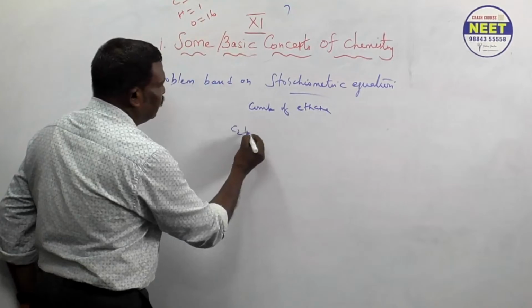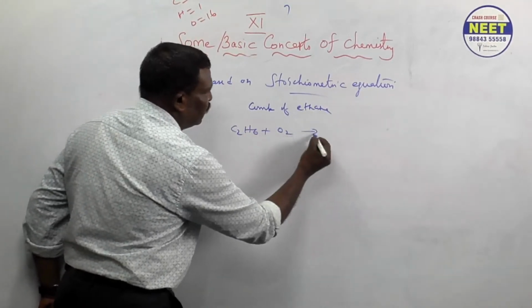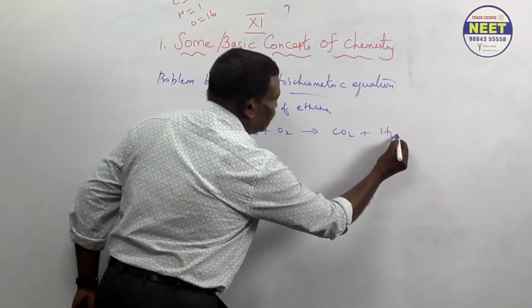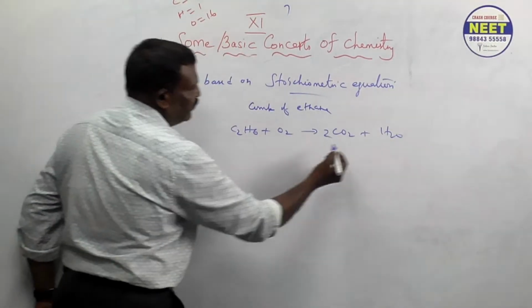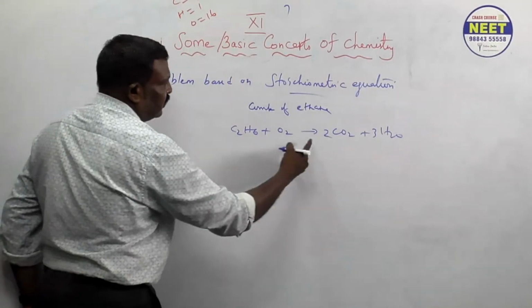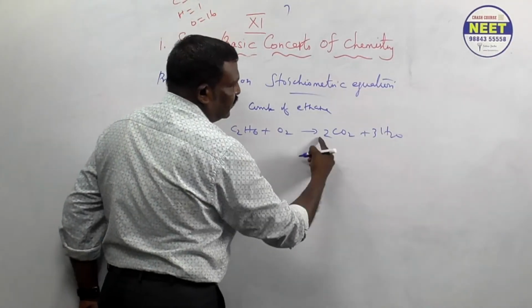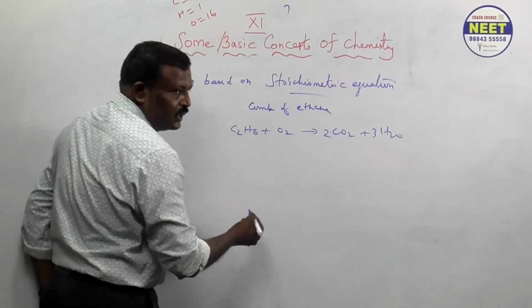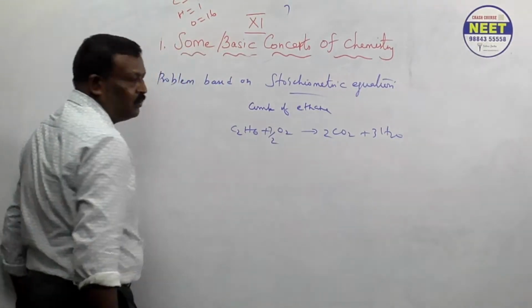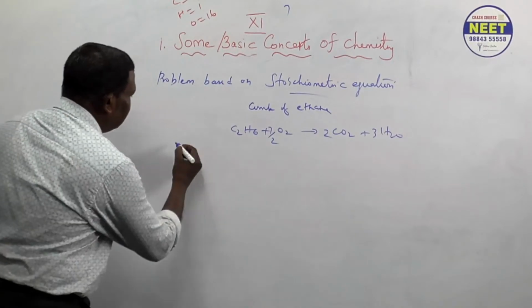Ethane formula C2H6 plus O2 gives always CO2 plus H2O. C2, H6 means you know 3. Then oxygen, here are 4 oxygen, here 3 oxygen, 4 plus 3, 7, which is an odd number. Then I put 7 by 2. Understood?